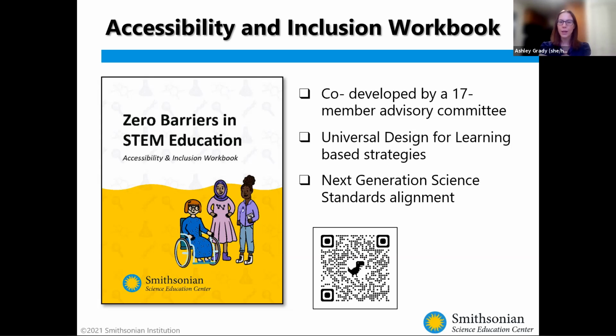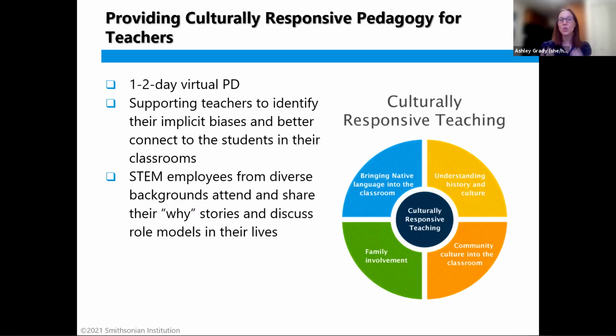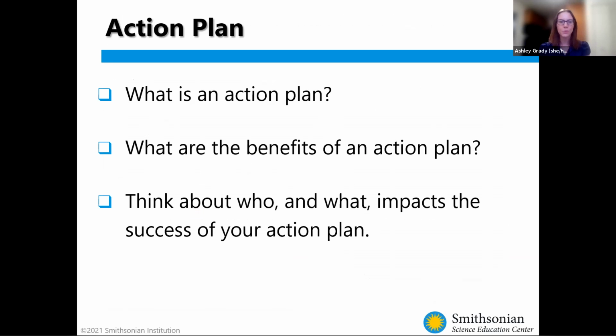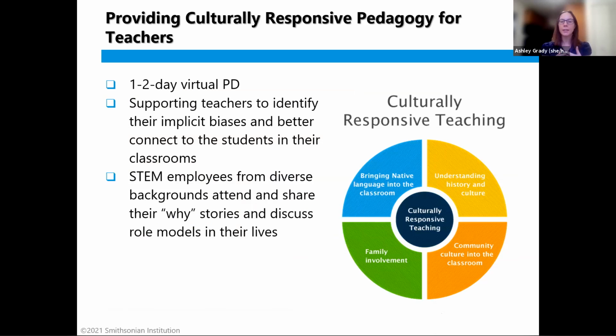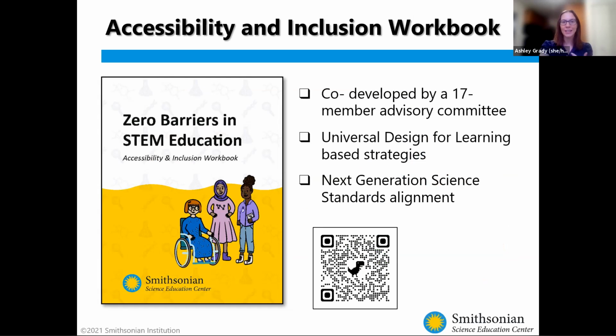The workbook is broken up by chapters, on things like how to use digital tools like QR codes, how to encourage choice for your students in their classrooms, multisensory learning, reinforcing literacy and language within the classroom, and just creating an inclusive and accessible culture in your classroom.